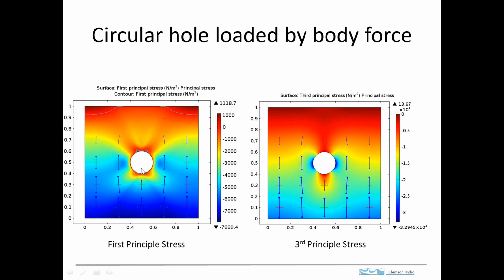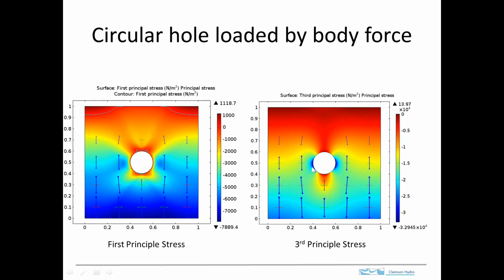The first principal stress in this case will be perpendicular to the boundary, so it'll be acting in that direction. But now let's look at the third principal stress. This will be the maximum compression, and we see over here on the side that it's increasing with depth. That's what we expect, but around the hole we've got a pattern of the principal stresses that apparently results from the presence of the hole.